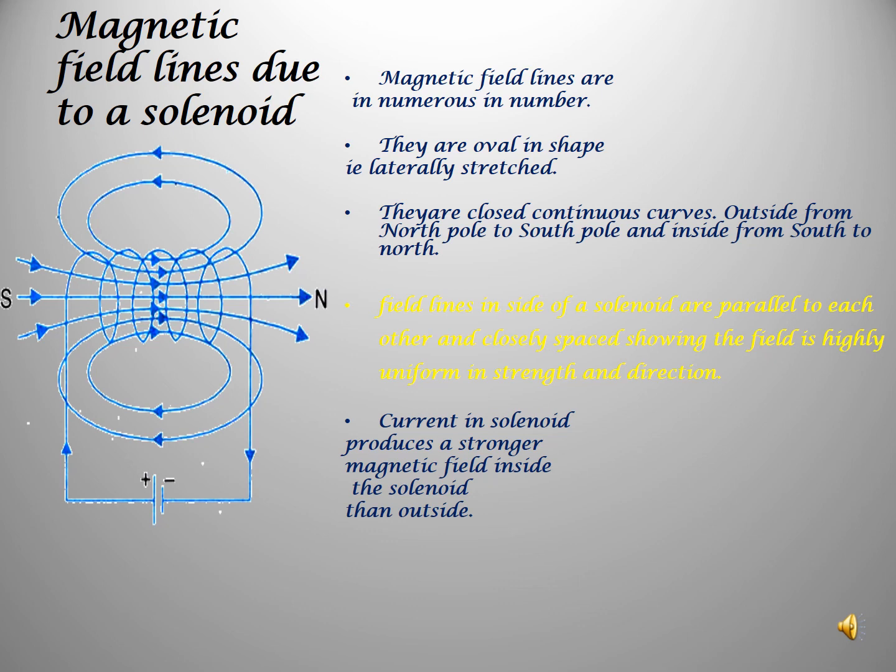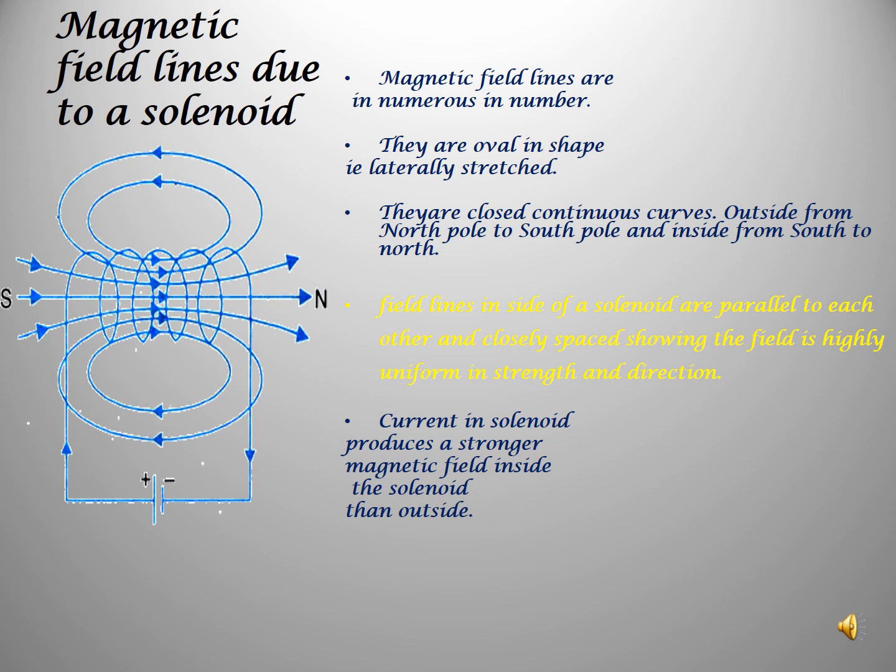Field lines inside a solenoid are parallel to each other and closely spaced, showing the field is highly uniform in strength and direction. Outside they are not uniform. They are going apart from each other. So the outside field is not uniform.